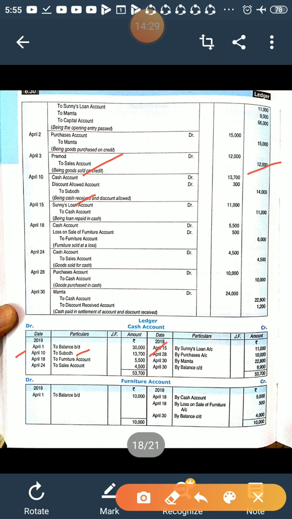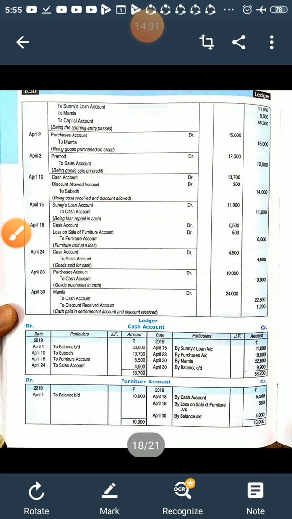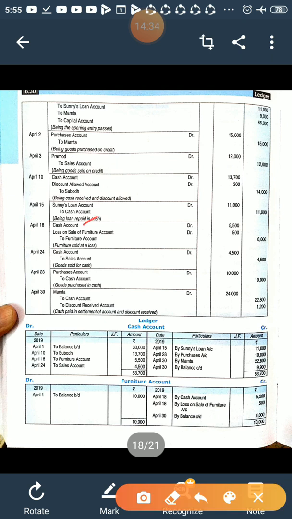Again, cash is involved here. Sunny's loan account is debited to cash account. So cash account has been credited with 11,000. On the credit side, we will write 11,000, and we will put the date, and also the account which is debited against this cash account, Sunny's loan account. So we will write by Sunny's loan account 11,000.